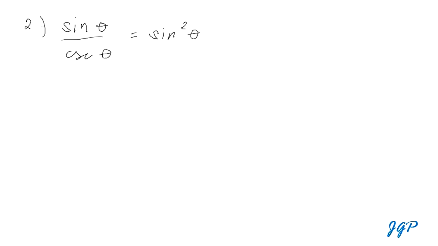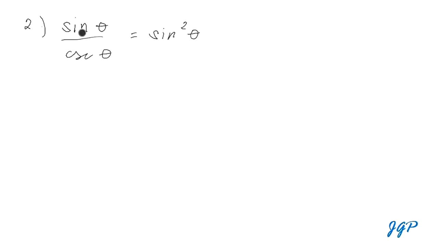Question number 2, we have sine theta over cosecant theta is equal to sine squared of theta. In this case, mas simple kasi yung nasa right side, so I will remain this one, and ang i-change ko na lang is ang left side ng ating equation. Actually, pwede namang left side lang, pwedeng right side lang, or pwede namang both yung galawin to prove that that is an identity. So ang gagalawin ko lang is yung left side.